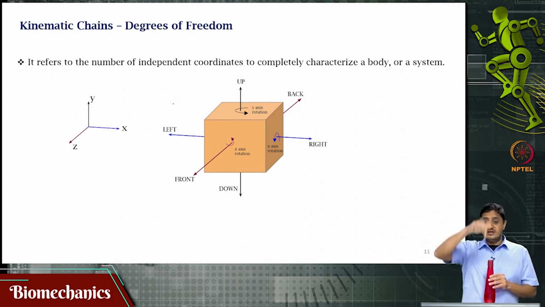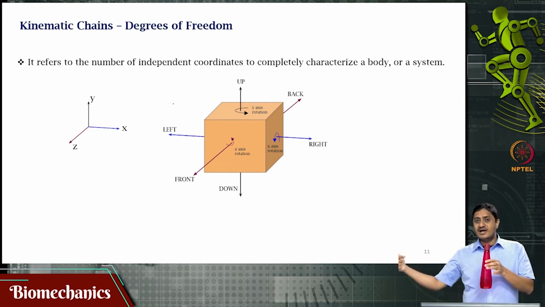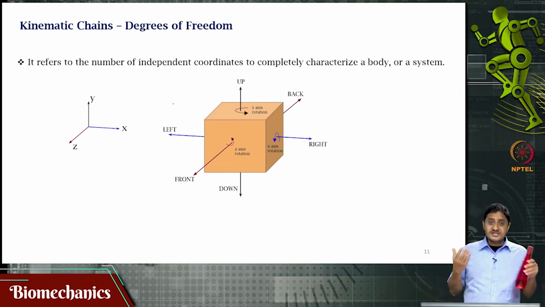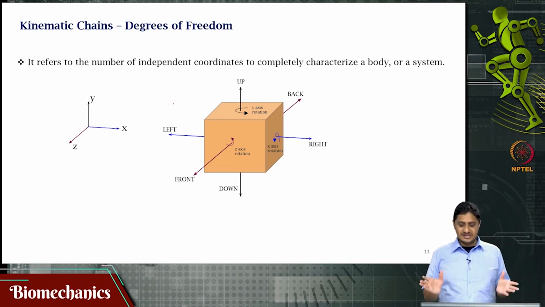About the superior inferior axis, the axis that goes from the top to the bottom, it can rotate like this. Then about the axis that goes from left to the right, about this axis it can rotate like this. So, there are 3 rotational degrees of freedom, and then there are 3 translational degrees of freedom.